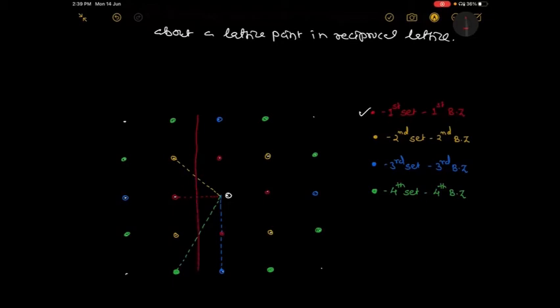Similarly, for another closer point, we also draw another perpendicular bisector. Similarly, for that one, we also draw a perpendicular bisector. It is a Bragg's plane.